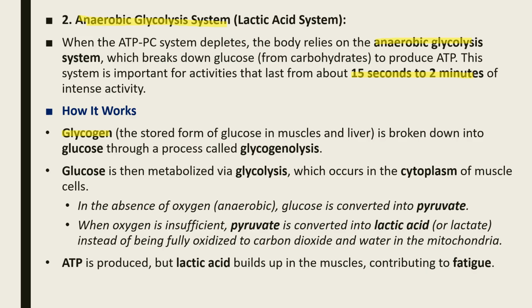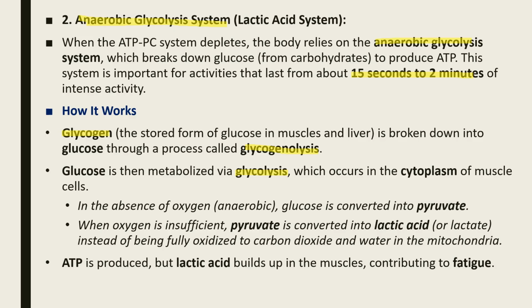How it works: glycogen, the stored form of glucose in muscle and liver, is broken down into glucose through a process known as glycogenolysis. Glycogenolysis means the breakdown of glycogen into glucose. Glucose is then metabolized by glycolysis, which occurs in the cytoplasm of muscle cells.